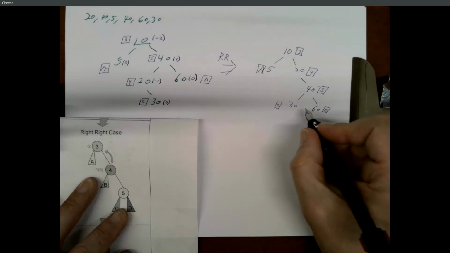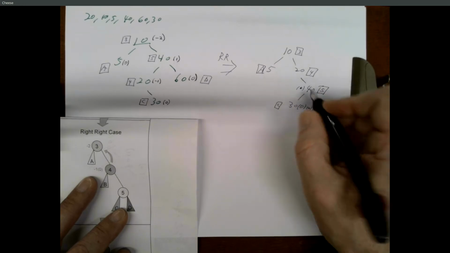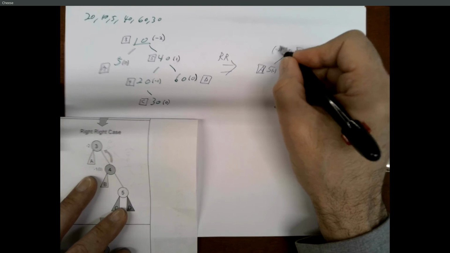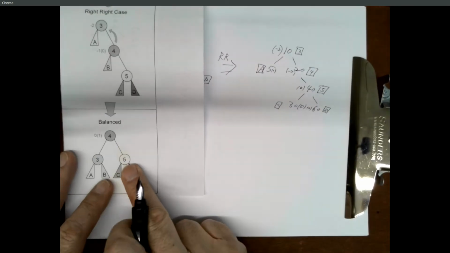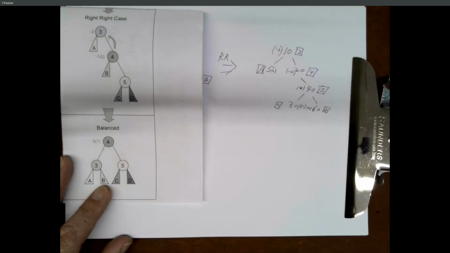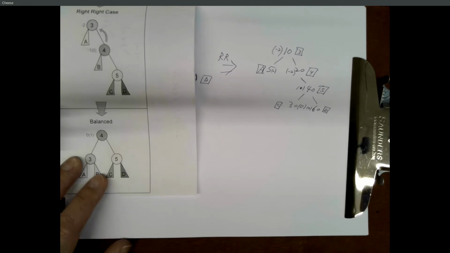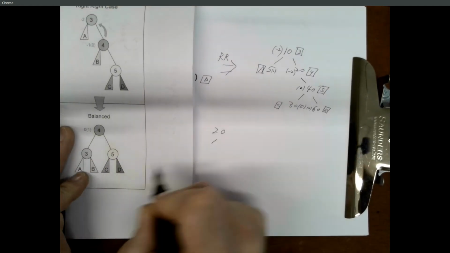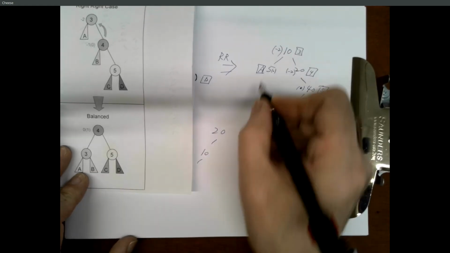And if we find balance factors, that's 0, 0, 0. At this point we have a -2, a 0, and this is also a -2. Okay, to go from the right case to the balance case, use the same designations that you just came up with. Okay. So the new root should be node 4, that's the 20. The left child should be node 3, that's the 10. It should keep A on the left, and it should pick up B on the right.